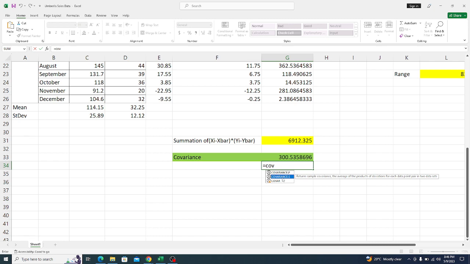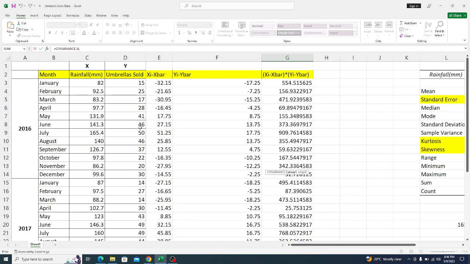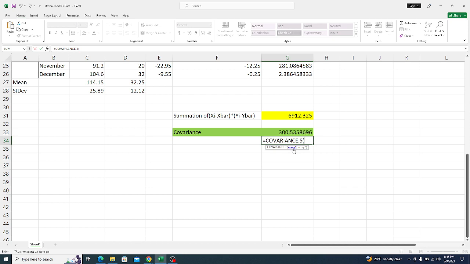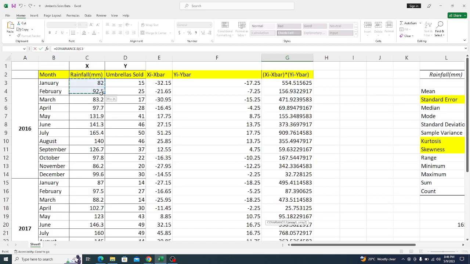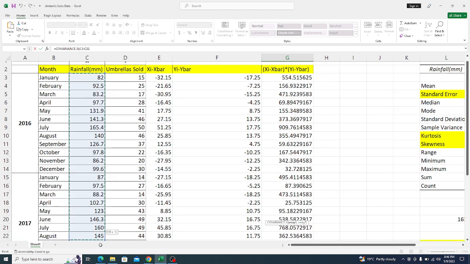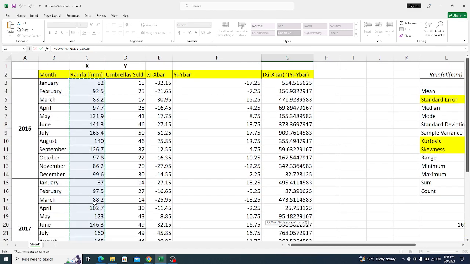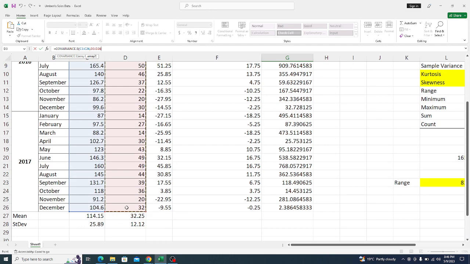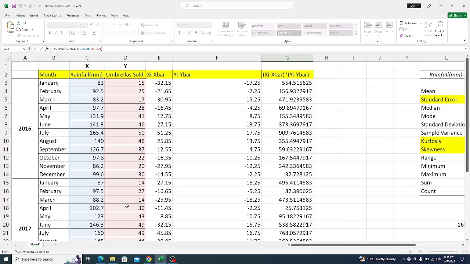So we are going to take covariance of sample data, and then we are required to highlight the first array, and then go to the second array. Array basically is the range of our data. So we are going to highlight all the cells containing the rainfall amount. Then we'll do a comma and also highlight the range for the umbrella cells data. And then after that you can just run.